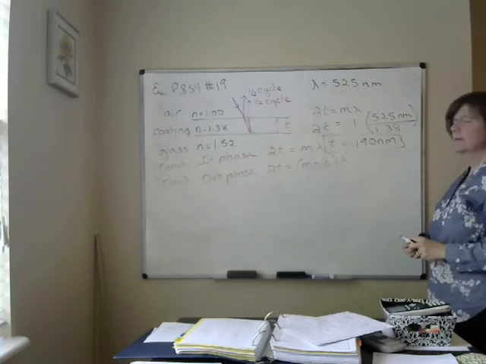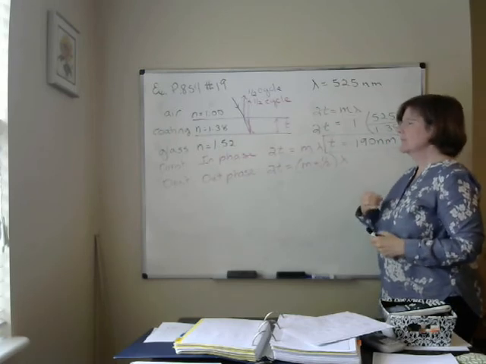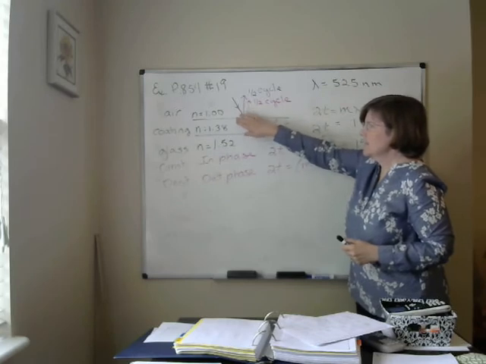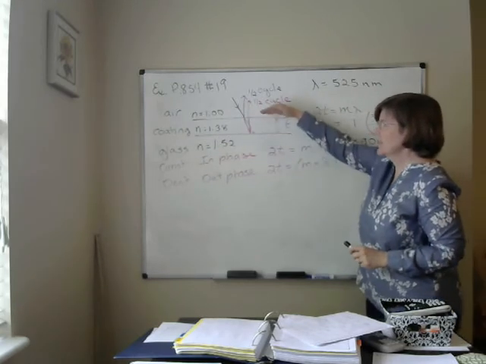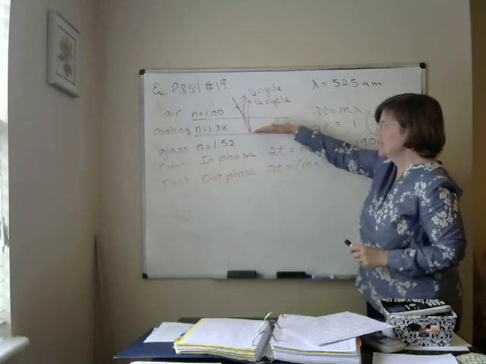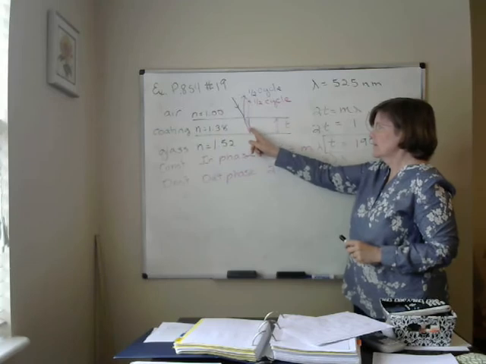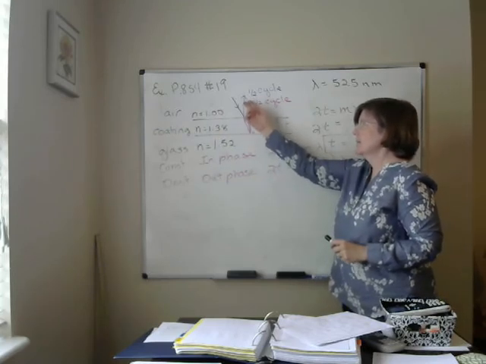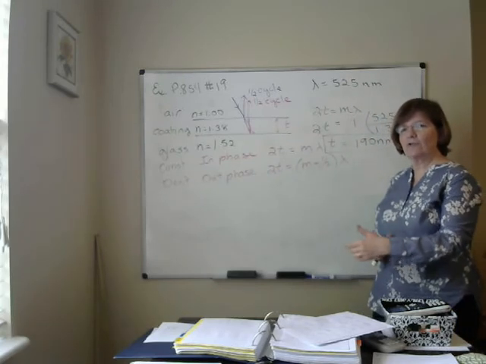Okay. So I hope you understand the real important ideas of thin films. First of all, you need to understand when you bounce off something with a higher index of refraction, you get a half cycle shift, whether it happens here or whether it happens here. When this second one emerges, it could possibly be in phase or out of phase, depending on how much farther it has traveled.